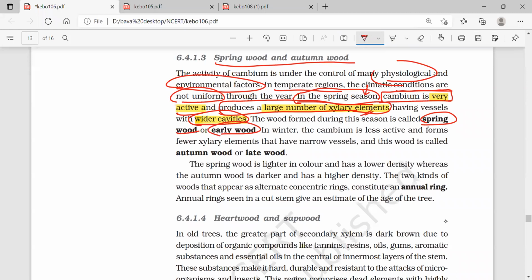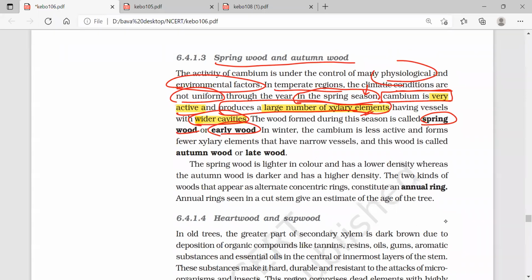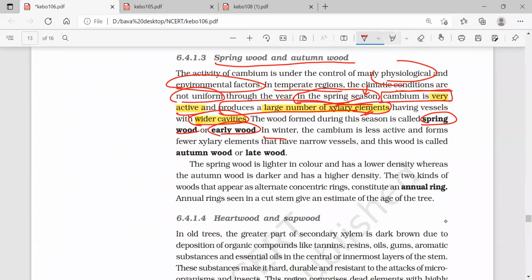See, this is xylem element, right? So that's why it is called spring wood or early wood. When does it happen? Spring season. In winter, the cambium is less active, again it is opposite.